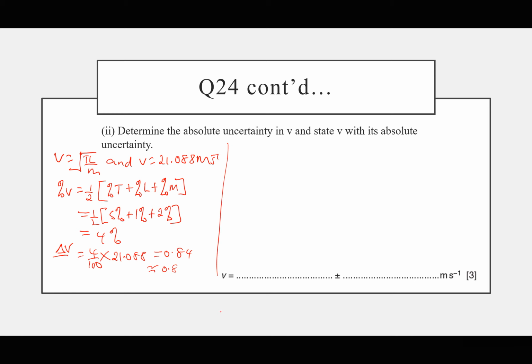That means we shall write our answer also to one decimal place. So our true value of V becomes 21, we round off to one decimal place, it becomes 21.1 plus or minus 0.8 as our correct answer. I hope that is also easy. Let's move to the next question.